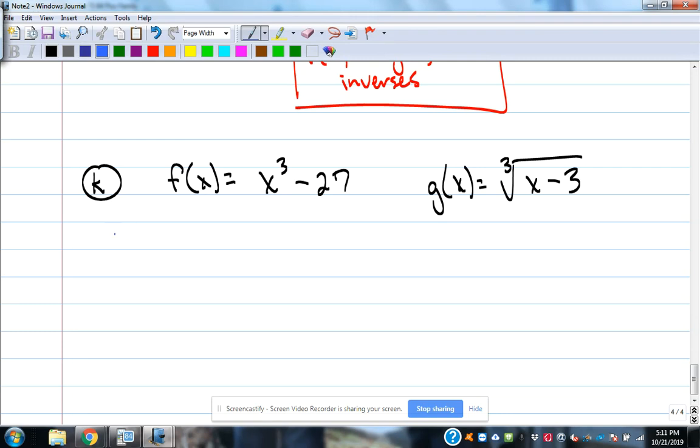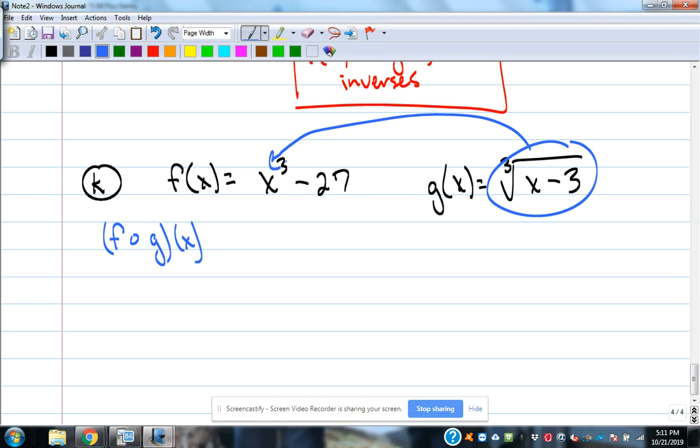So I'm going to go f composed with g of x. I'm going to go that direction first because I think it'd be easier to take this monster and put it in there than it would be to go the other direction. So I'm taking the cubed root of x minus 3, and then putting it in for x, so that means I'm going to cube that, minus 27.